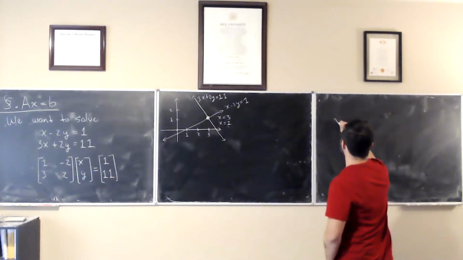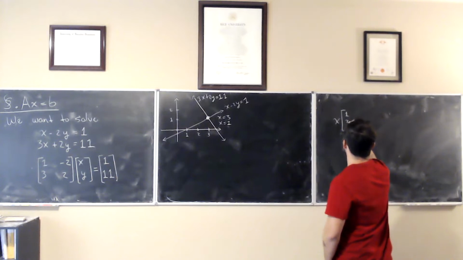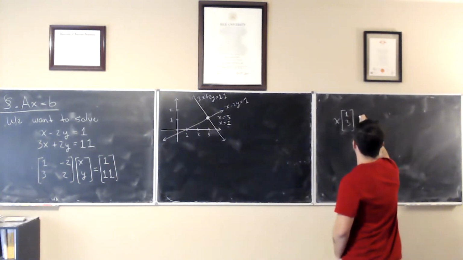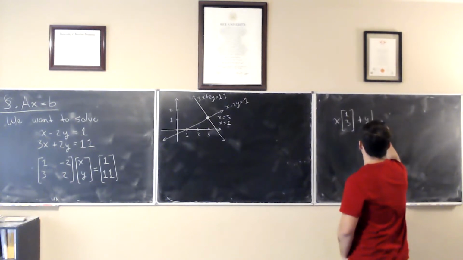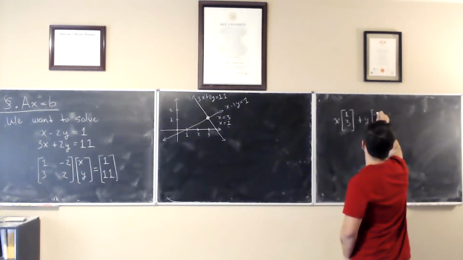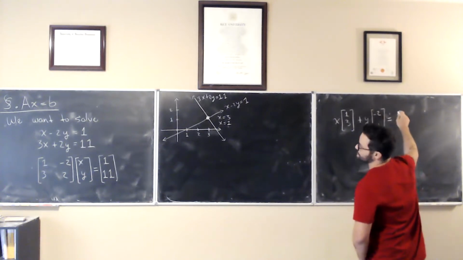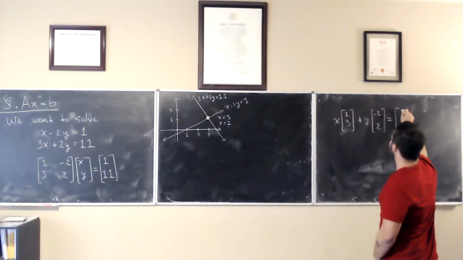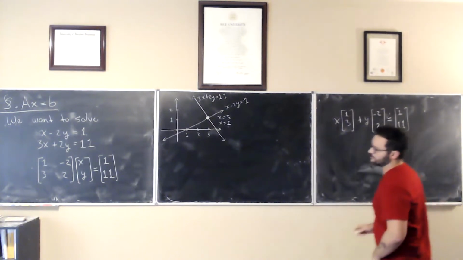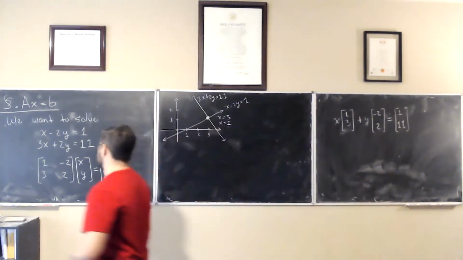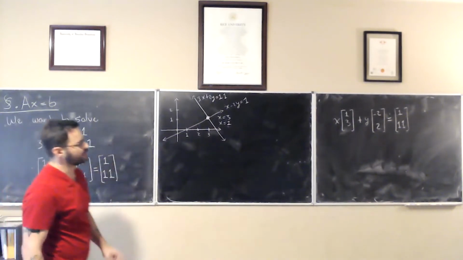So we can think of this as x times the column (1, 3) plus y times the column (-2, 2) equals the column vector (1, 11). So we can think of the rows times that, or this is a linear combination of the columns.